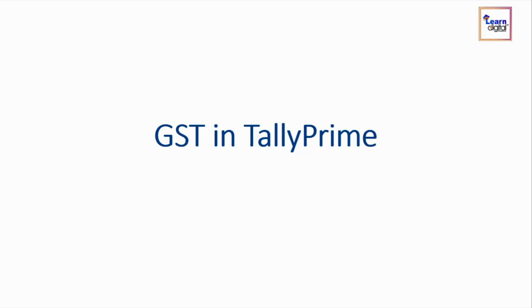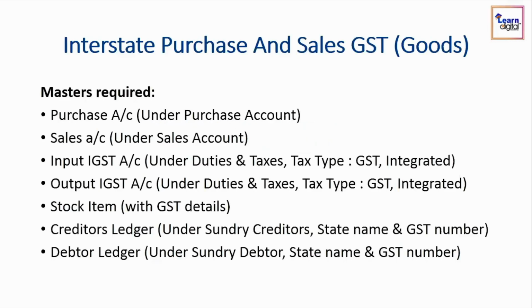After that, we will discuss ITC, how to claim ITC, how to pay the GST to the government through TallyPrime, and how to enter it in TallyPrime. So let's start with our next session, interstate purchase and sales of GST goods.